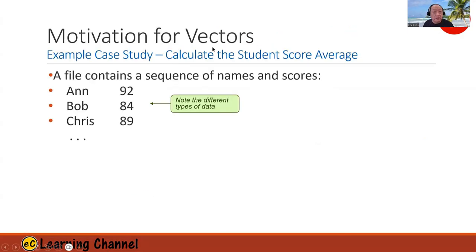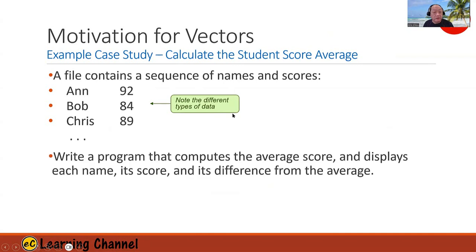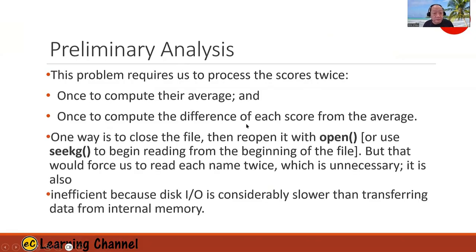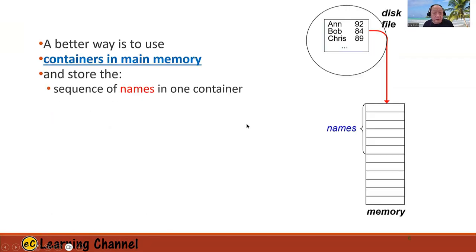Vector is similar to array. You can record the name and the score, reading them into two parallel arrays, a name array and a score array. You read the data from the file and put them into memory one by one.